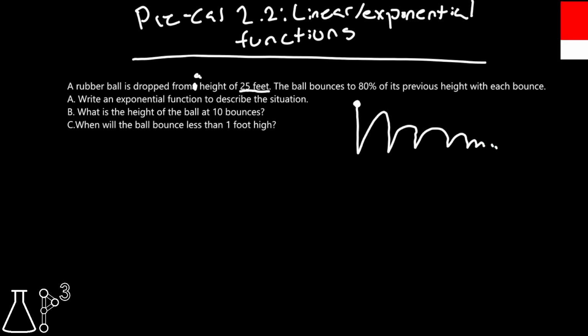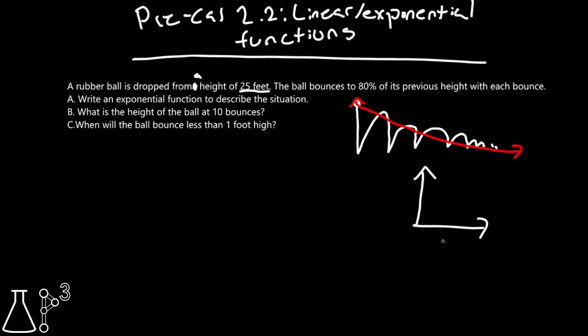If you follow the path of the ball, you have its initial height, and with each bounce it makes that curve. So if you were to graph that with each bounce as a function, it would look something like this.